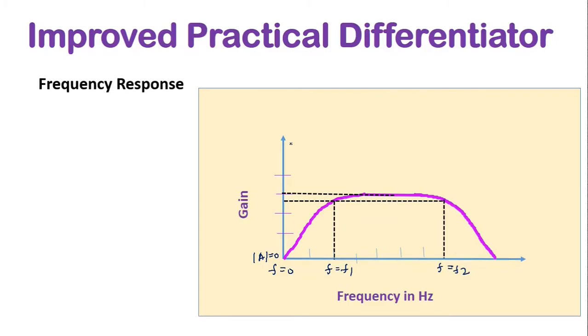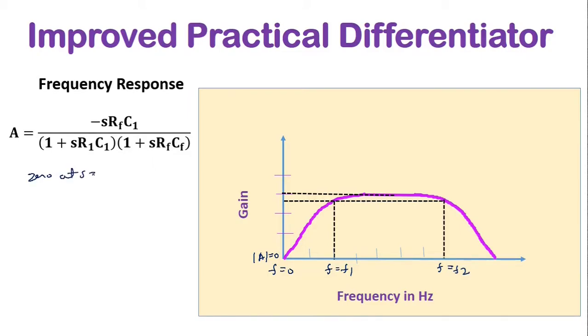To find out the slope of the lines represented in this frequency response, we will take this equation of gain, which is equal to minus of S into RF C1 whole divided by 1 plus S into R1 C1 into 1 plus S into RF CF. Now here from this equation we can see that there is one zero at S is equal to 0.